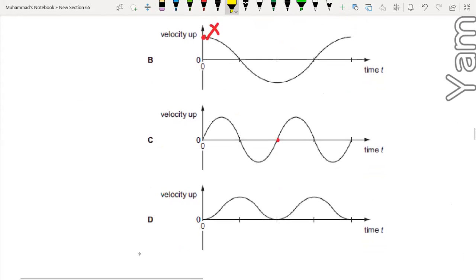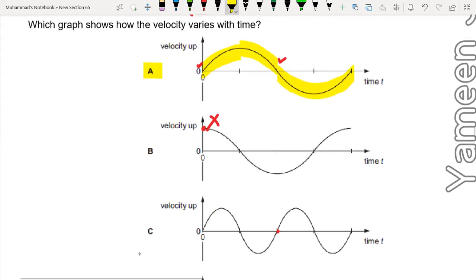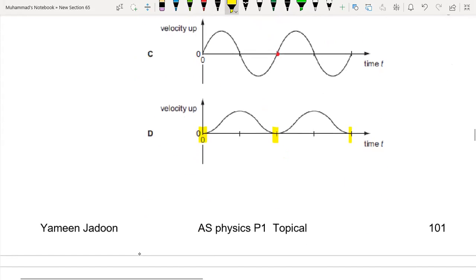Why not D? In D, you can see the velocity is 0 at this point, 0 at that point, and 0 at that point. But over here, the gradient of this graph is increasing, then decreasing, to become 0. So at this point, the gradient should be 0.